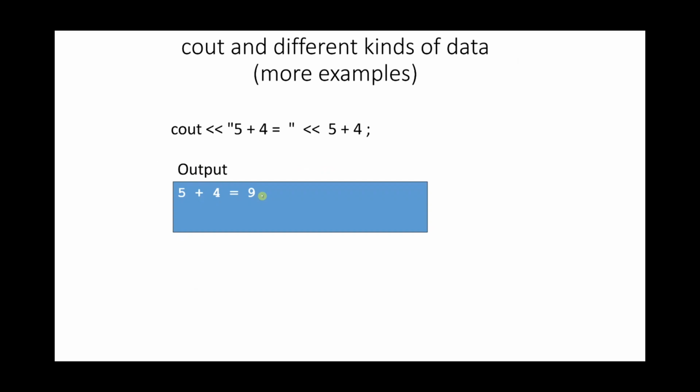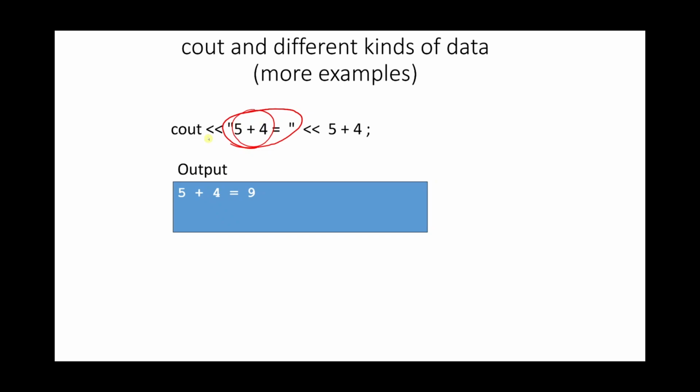So here's something. Cout is going to print this as a string as it is, and again, if anything is enclosed with double quotations, it's going to be printed as it is. It's not going to say, okay, we are going to add a 5 and a 4.